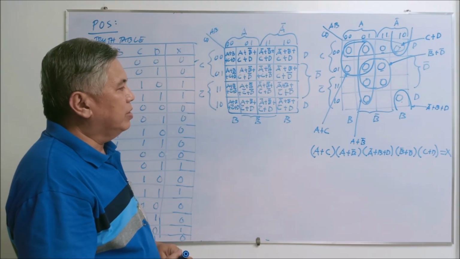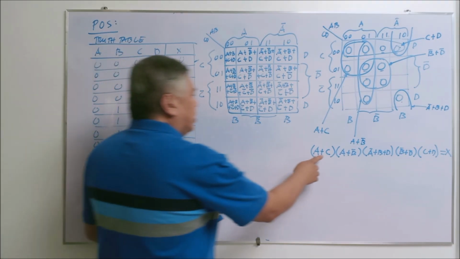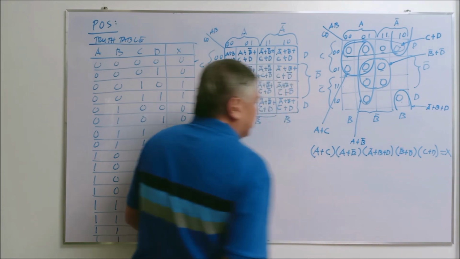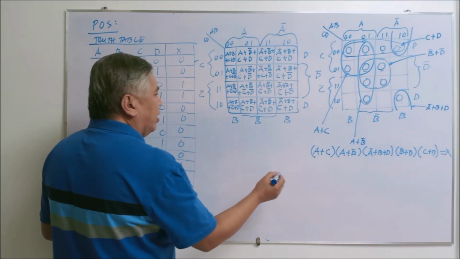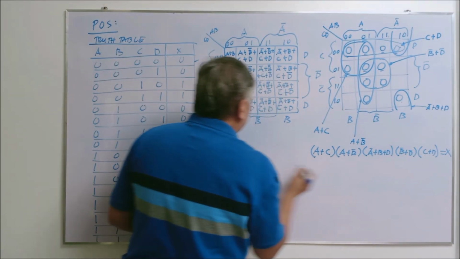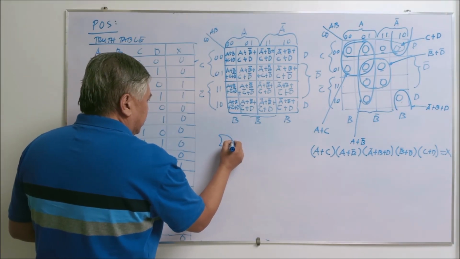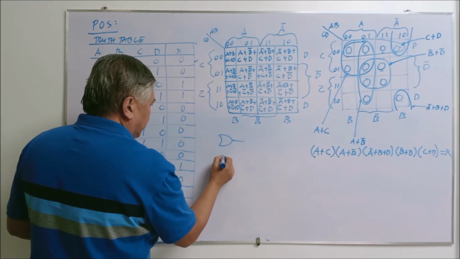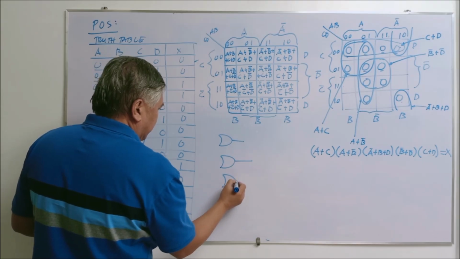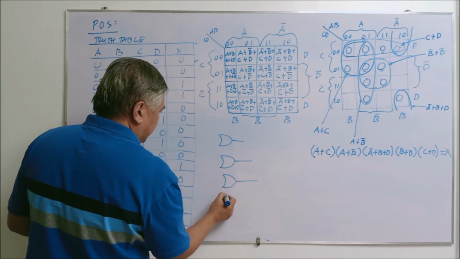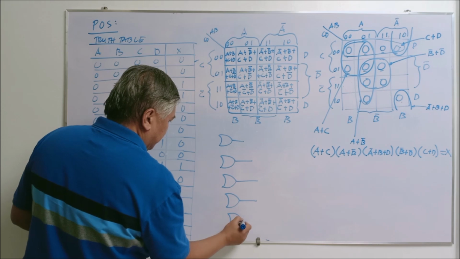Now, what will be our simplified logical circuit equivalent? So we have here some terms which can be represented by an OR gate. So how many OR gates? 1, 2, 3, 4, 5 OR gates.